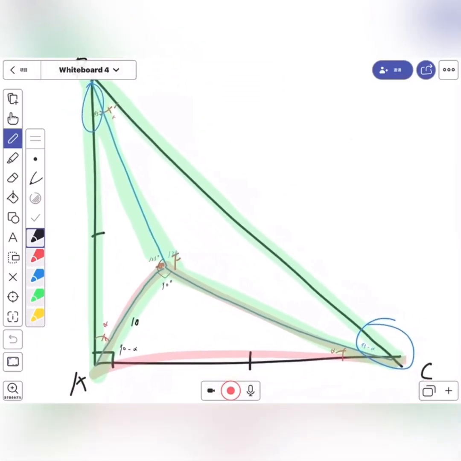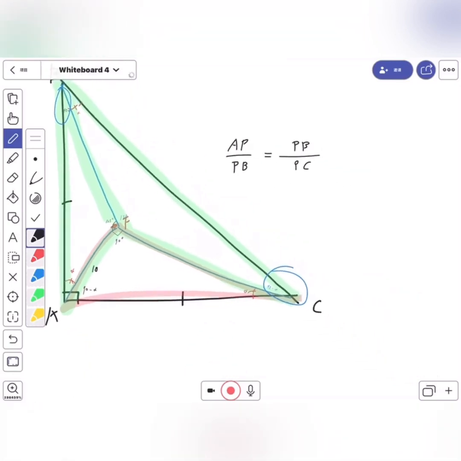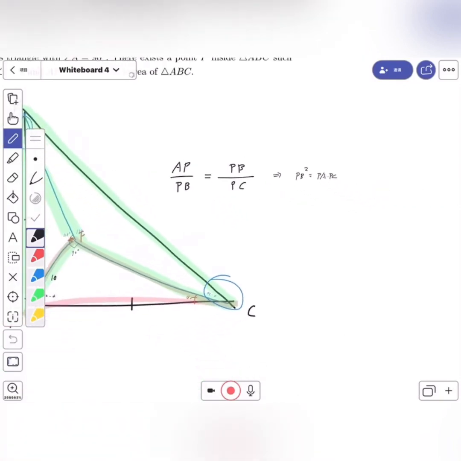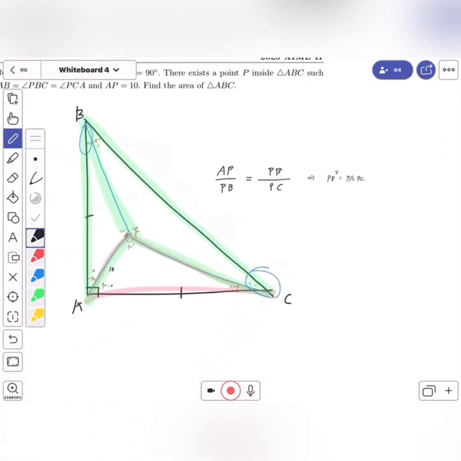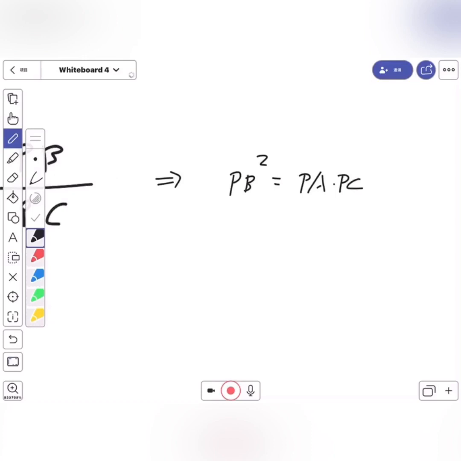So essentially we're going to have this equation that AP over PB is actually equal to PB over PC. And this simplifies to PB squared is equal to PA times PC. But now, do we know what PB is and what PA is? Well, PA is equal to 10, so essentially PB squared is equal to 10 times PC.